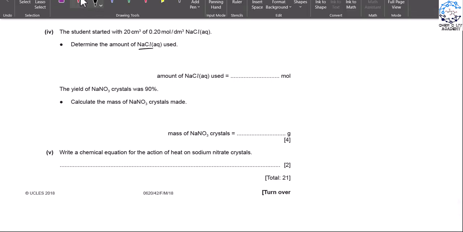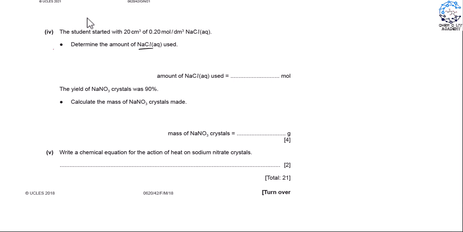So here, the amount of initial. Let's write down the formula. Concentration equals mole per volume, mole per decimeter cube. This is the formula we have seen. Now the concentration is given, 0.2 mole per decimeter cube. The mole we don't know, so mole equals mass divided by molar mass. Decimeter cube means volume, so volume is 20 centimeter cube, let's put 0.02 decimeter cube.